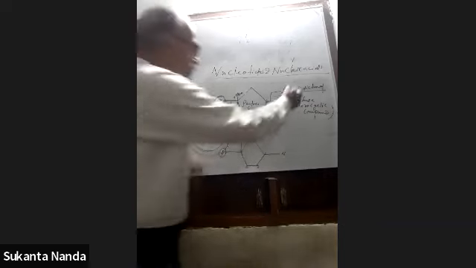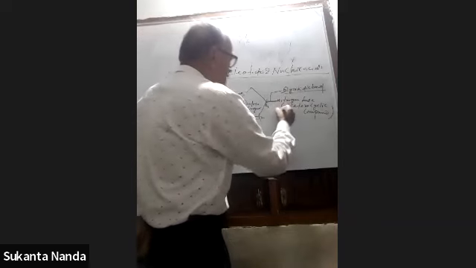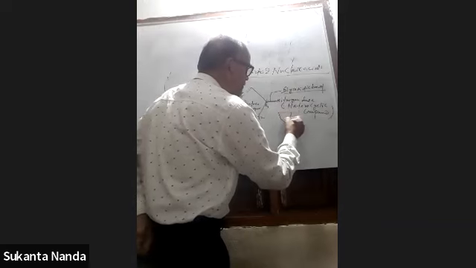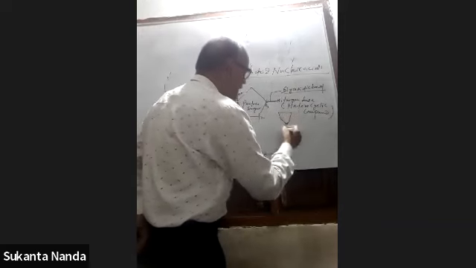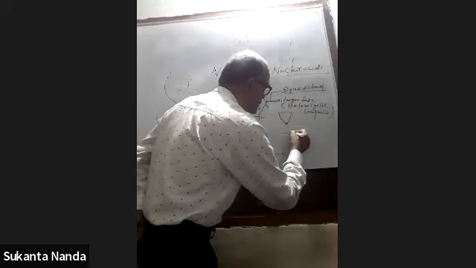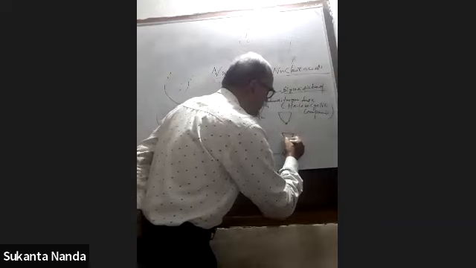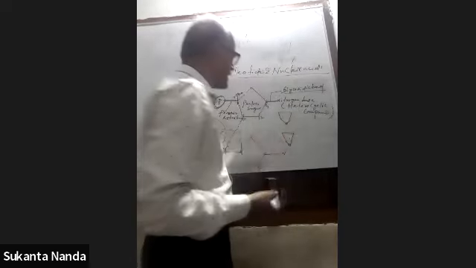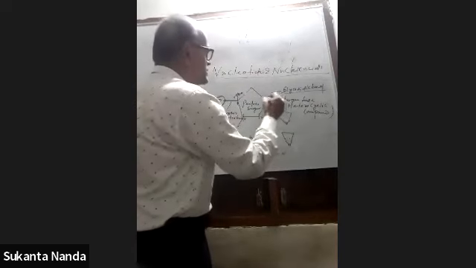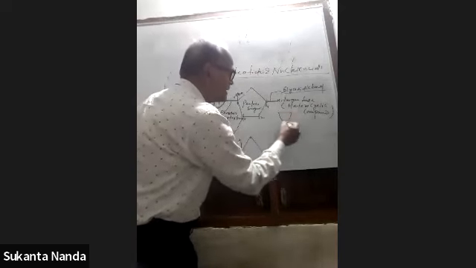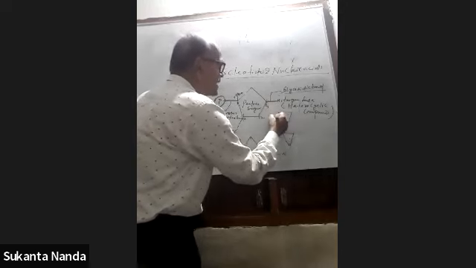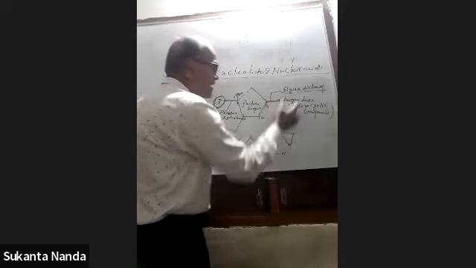And on the opposite one, you will have to make it in the opposite, reverse way. This is also a nucleotide. In this nucleotide also, here is nitrogen, the nitrogen base.